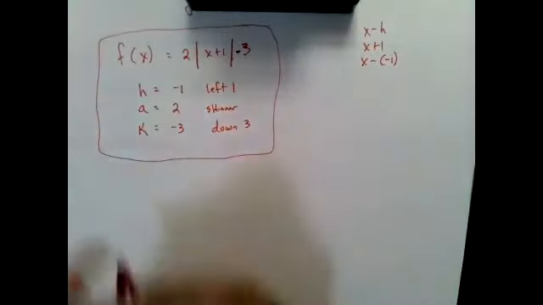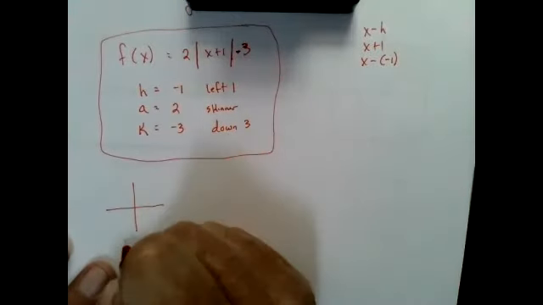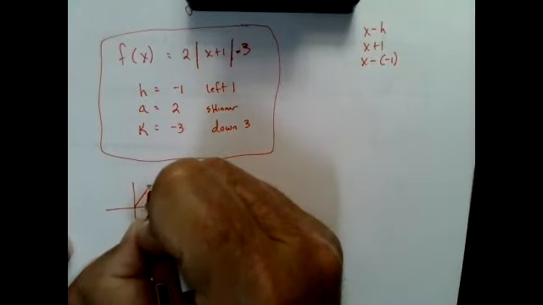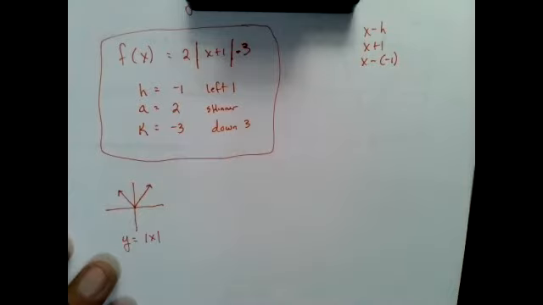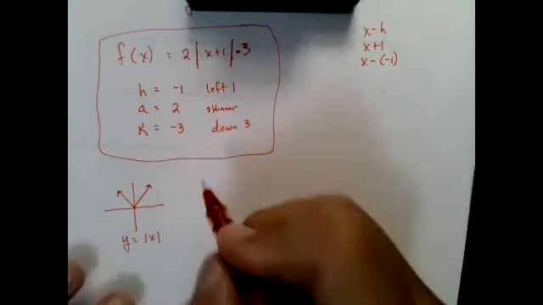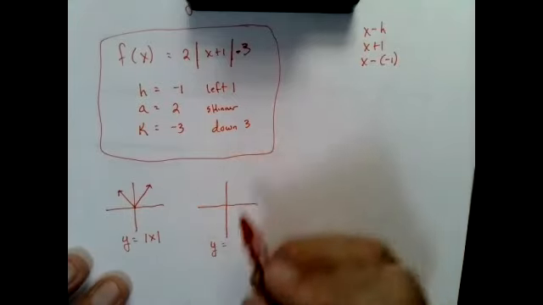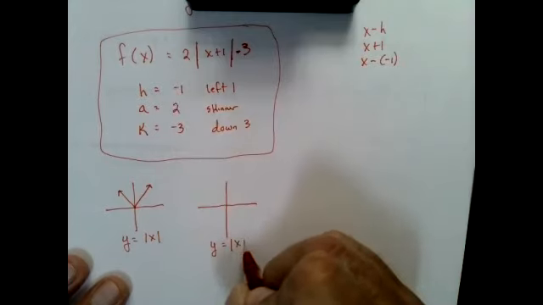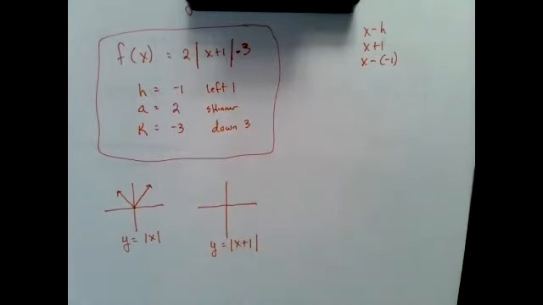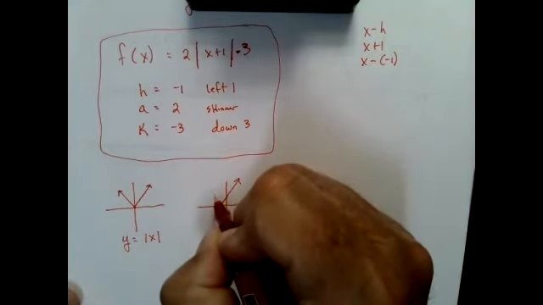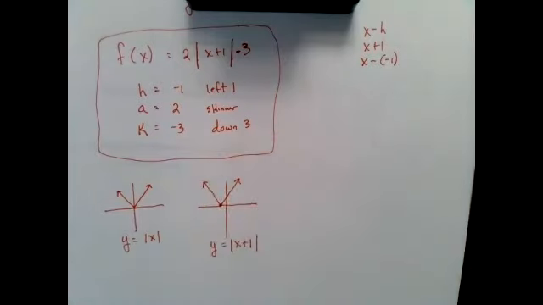All right, let's graph this. Parent function, y equals the absolute value of x. 45-degree angles, we're doing all that kind of stuff. My next function, y equals, I'm going to take care of the h, the absolute value of x plus 1. I know it's getting shifted to the left 1. I'm pretty good at this.